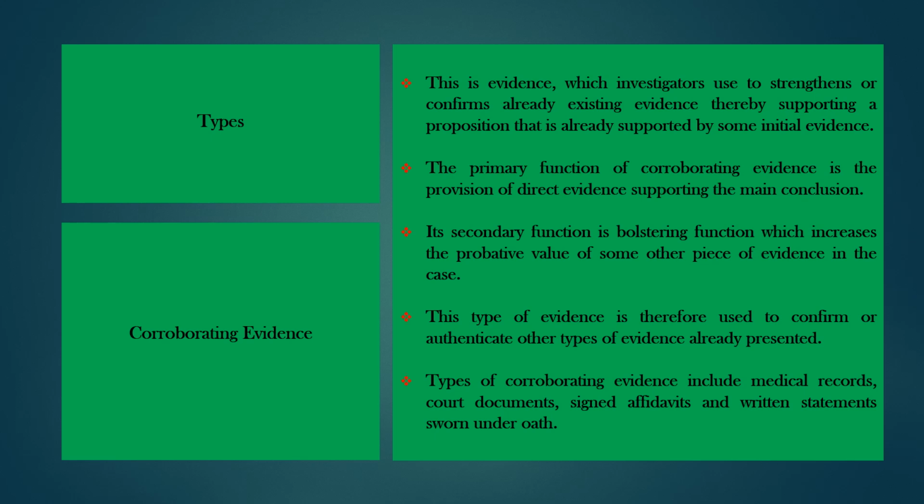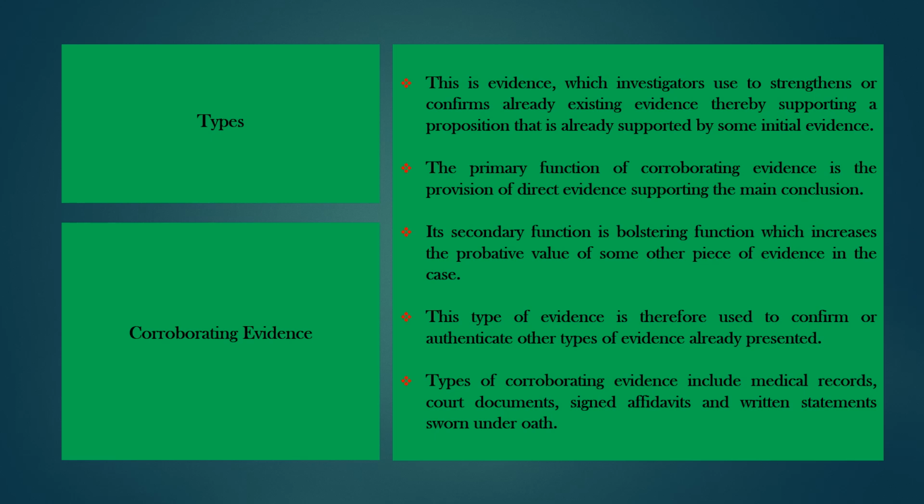The other type of evidence is called corroborating evidence. By corroborating evidence, we mean evidence which investigators use to strengthen or confirm already existing evidence, thereby supporting a proposition that's already supported by some initial evidence. The primary function of corroborating evidence is the provision of direct evidence supporting the main conclusion.